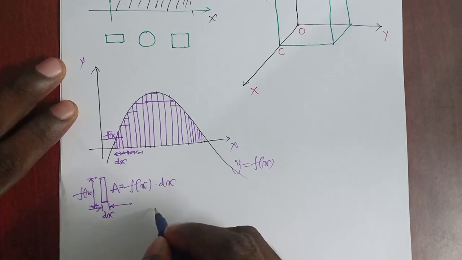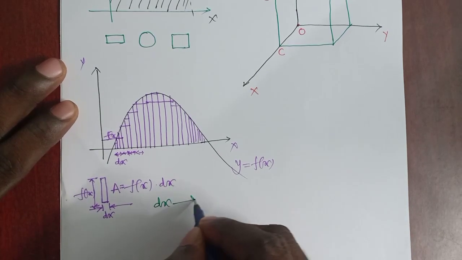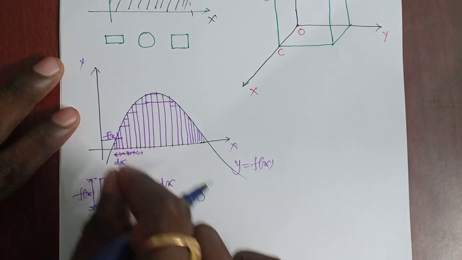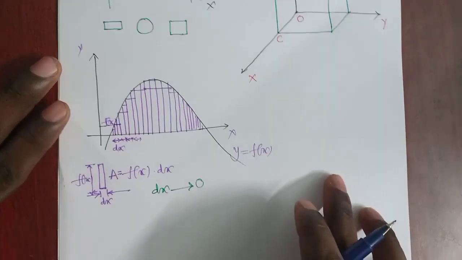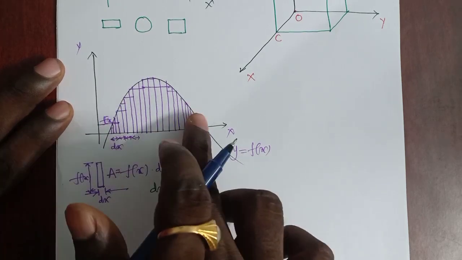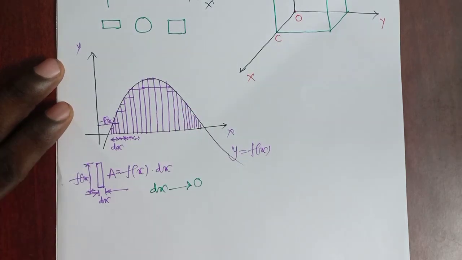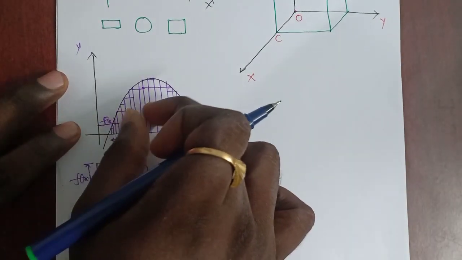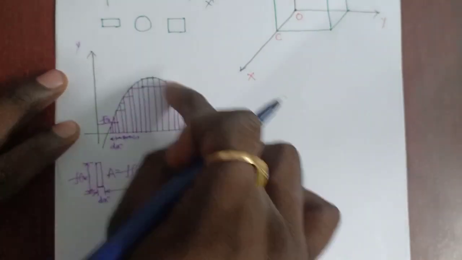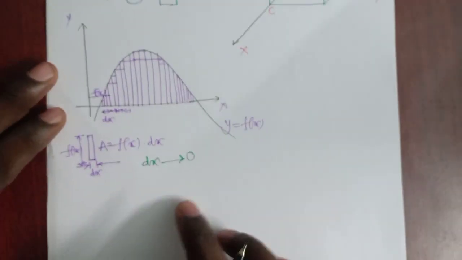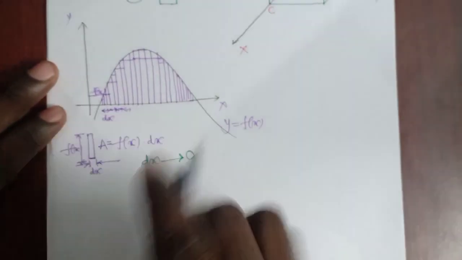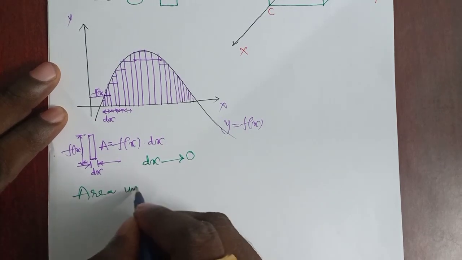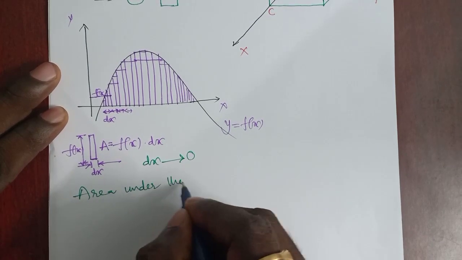As delta x approaches 0, the width becomes very small, and adding all the rectangular boxes gives the area under the curve. Why? Because when you add all these rectangular boxes, you get the area under the curve.